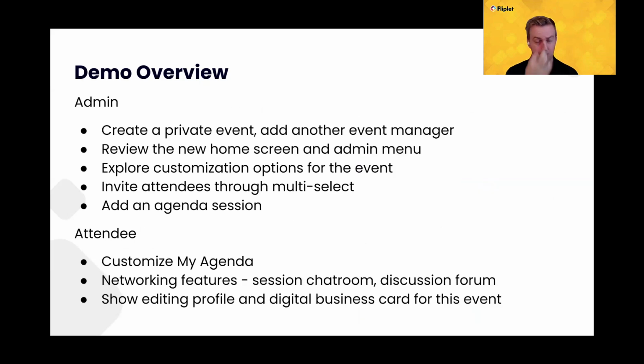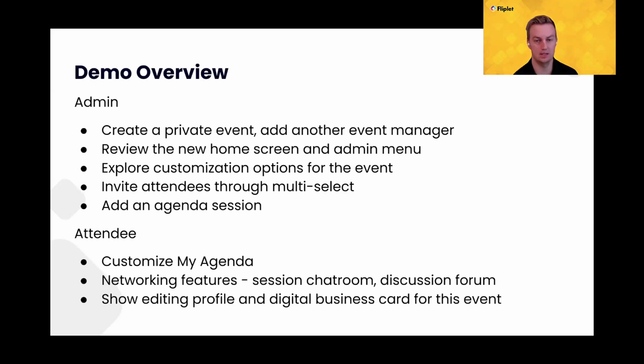Now for the demo, I am going to walk through both of these different perspectives, admin and attendee. We of course also have speakers and exhibitors that have slightly different access, but they're going to be pretty similar to attendee. So as an admin, I'm going to create a new private event and add an additional event manager so you can see the access that they have. We'll review the new home screen of the event and the admin menu and some of the customization options that we have for the event.